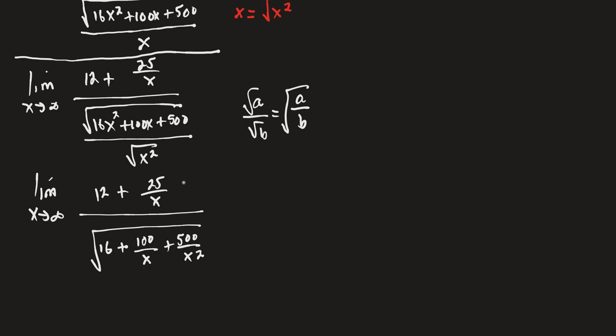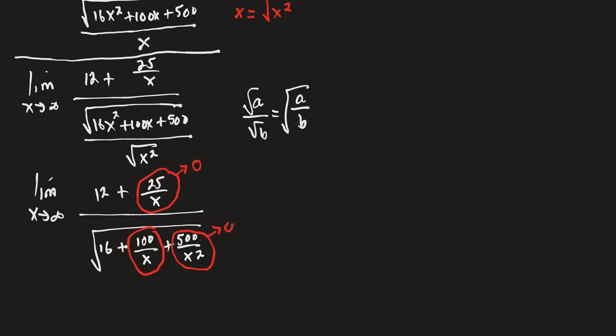Man, now why is this form helpful? Because now we have the same property that we used in those rational functions that says each of these terms that I am circling in red, as x gets very, very large, they all approach 0, right?